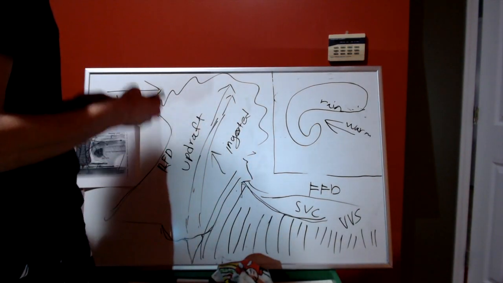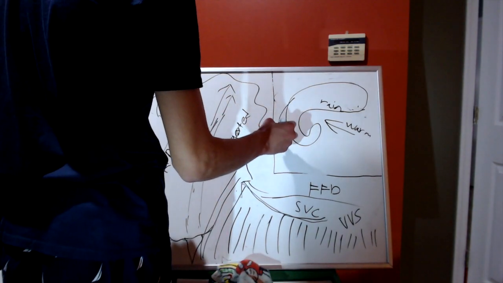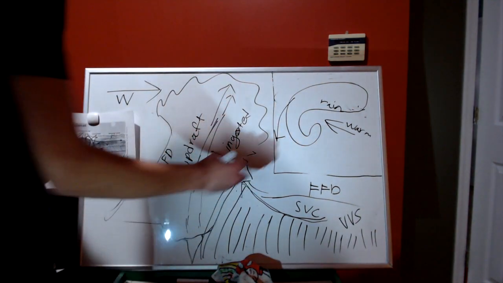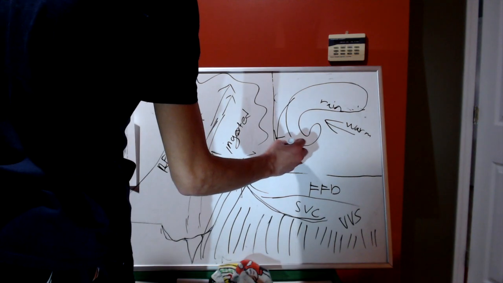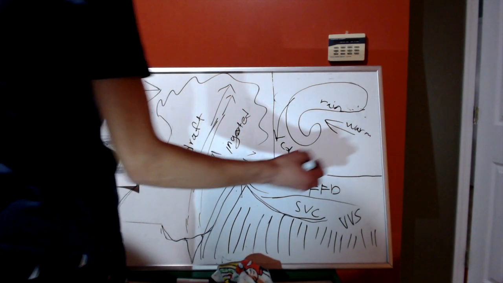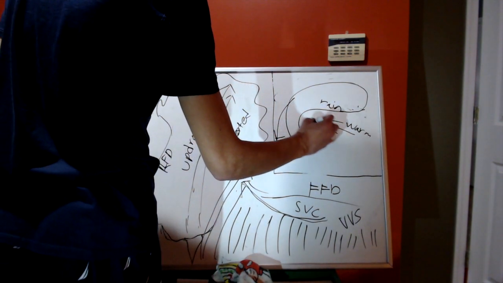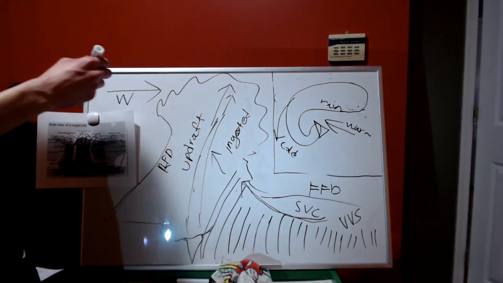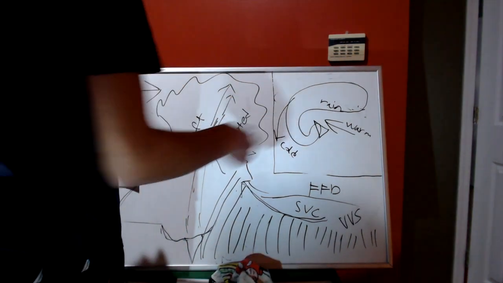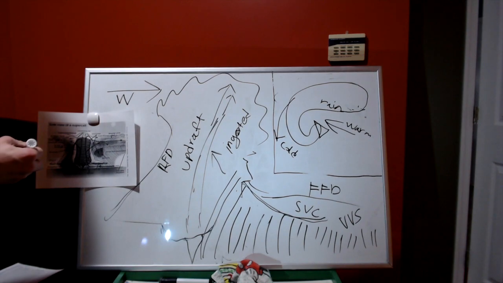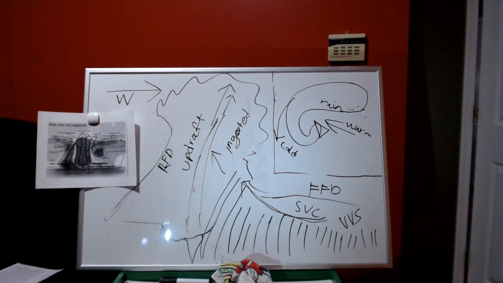The cold pool is the rain cooled air that the RFD is bringing back from that thunderstorm. So cold pool is out here, right? Again, this is not to scale at all. If our tornado is over here, what's going to happen is that this RFD has already started to wrap around the vortex, because the rain wrapped vortex is evidence of that.